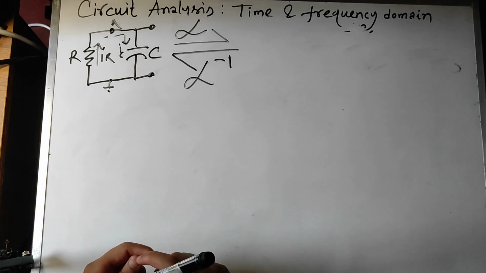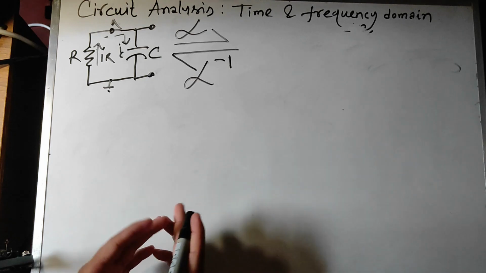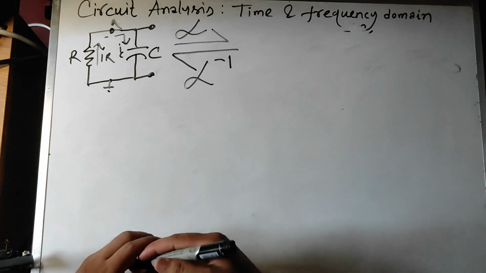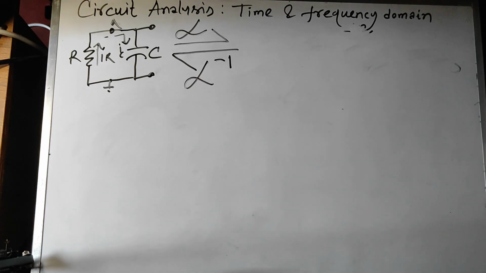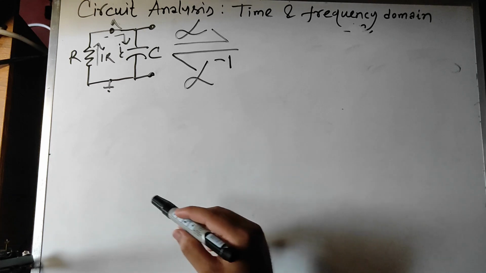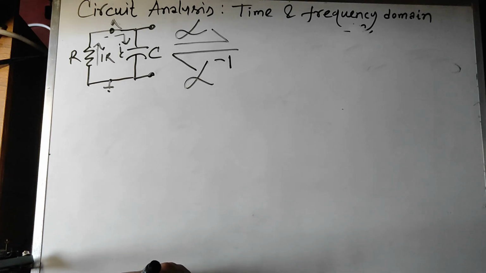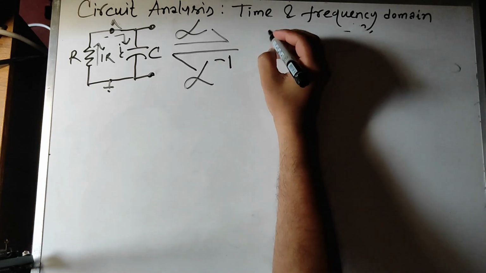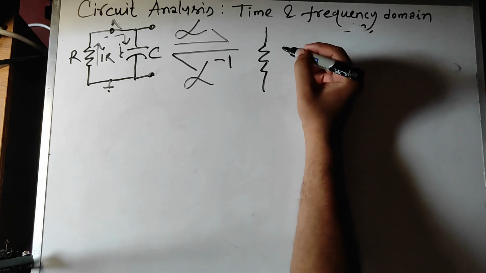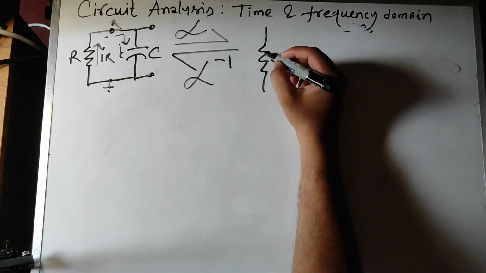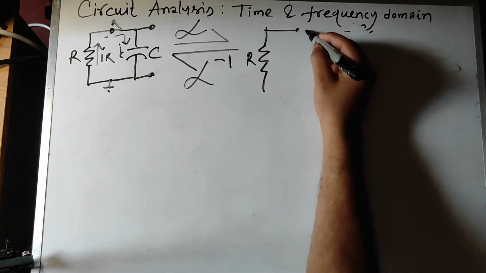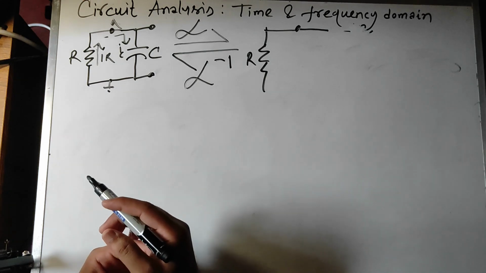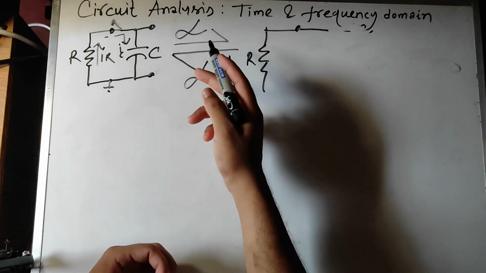For frequency domain analysis, we have to transform the circuit elements or circuit parameters into the complex S domain, or frequency domain. As this is a linear system, we can apply the Laplace transform, and by Laplace transform the circuit is transformed. As R is independent of frequency, there is no change in R. This will always be R. And as capacitor is frequency dependent, it will be transformed after Laplace transform.